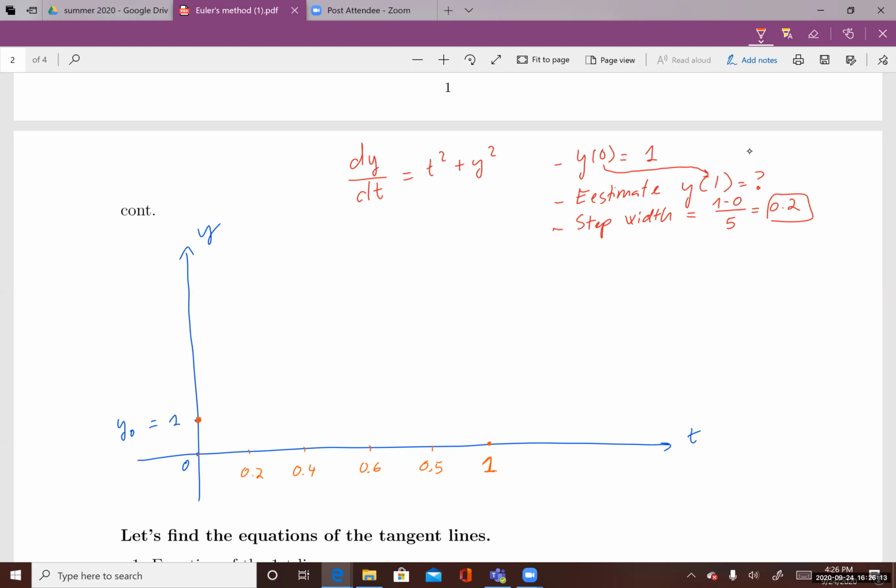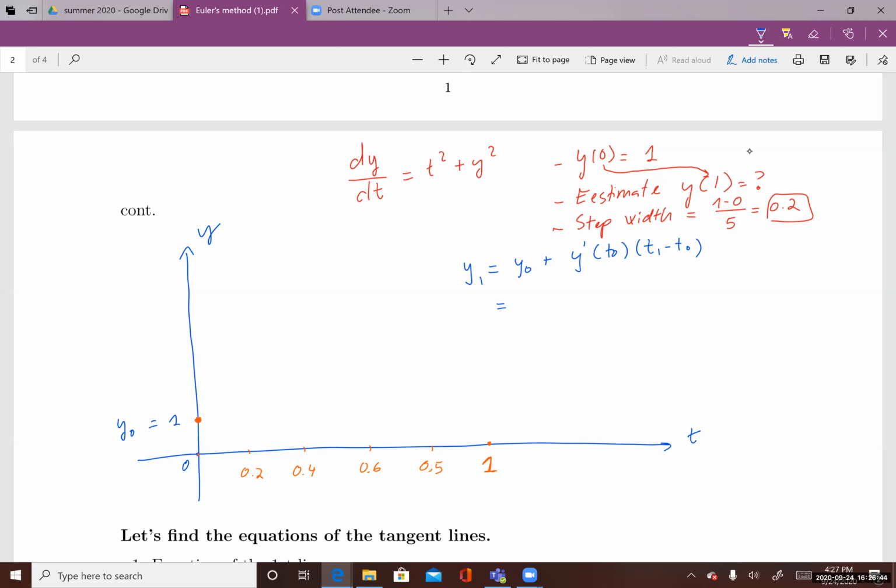So step 1, start at the original point, start at the initial value, 0 and 1. And then you go to the next step, 0.2. You have to use the formula again. Remember, if you want to find y1, you use y0 plus y prime of t0, t1 minus t0.